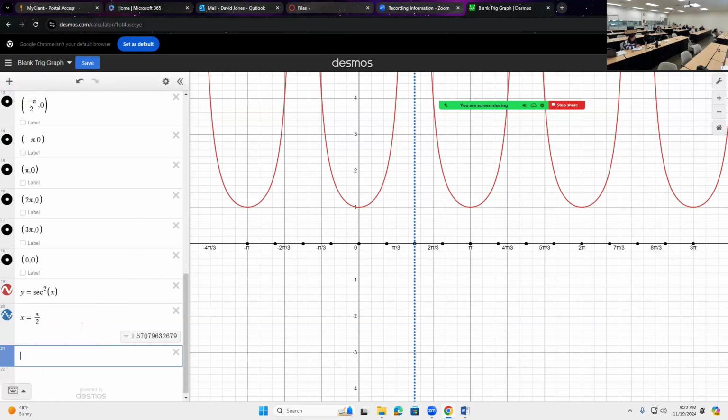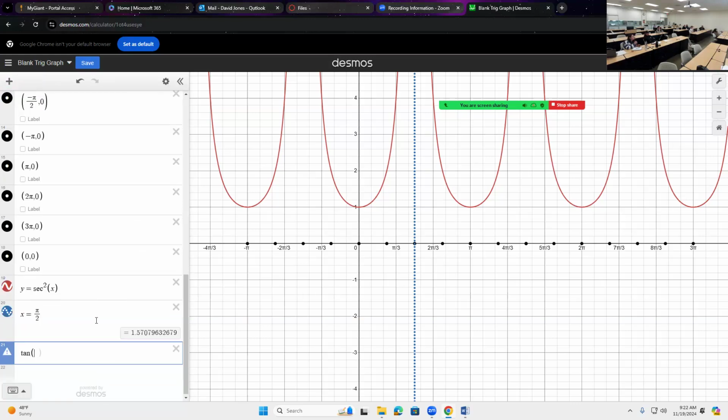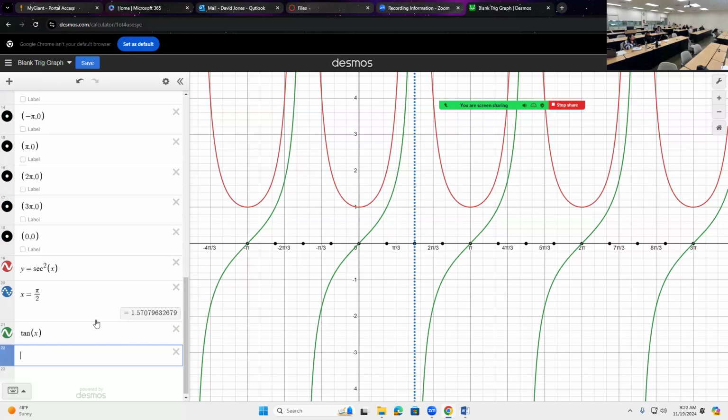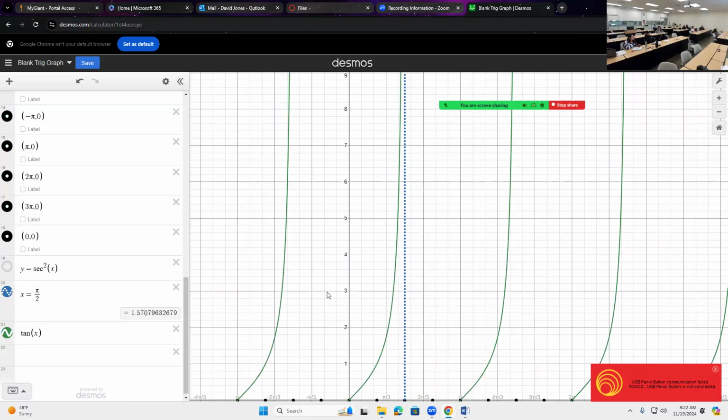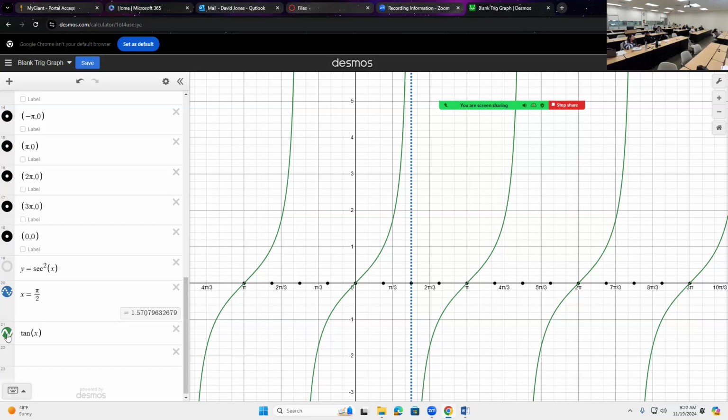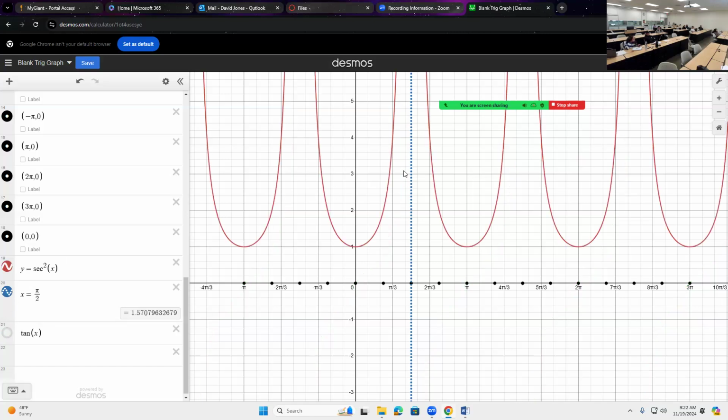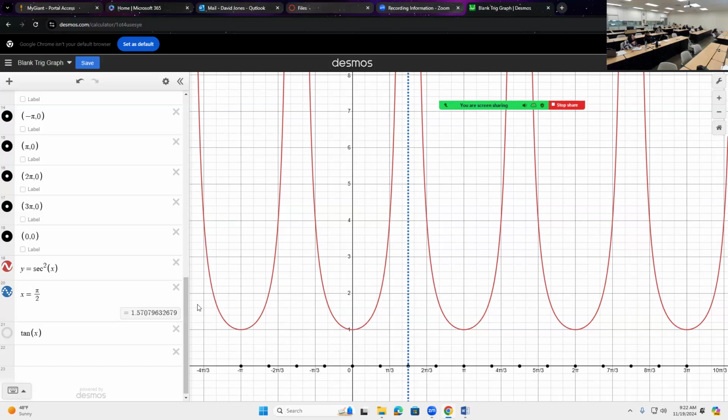You can see it's an asymptote. And I'll throw in tangent x. An asymptote for that one. So we don't have a continuous function over pi/2 for either of these. It's an asymptote for both.